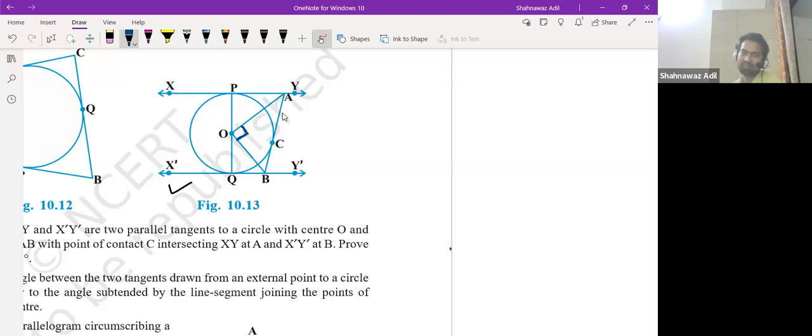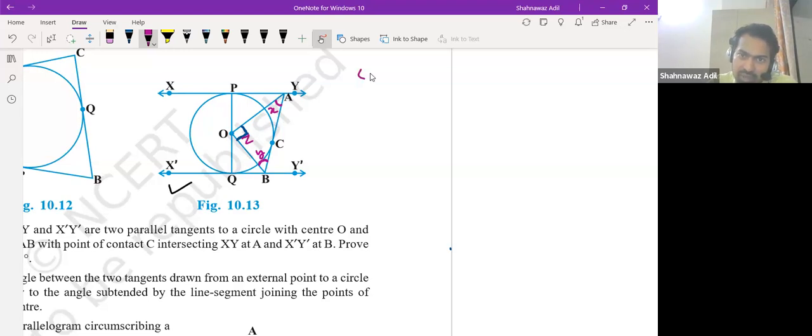Yeah, you are correct. So if we can prove that, Abir is saying that if these two add up to 90, then obviously this would be 90, right? So let's say this is X, this is X, and this is Y. And if we prove that X plus Y is 90, right?